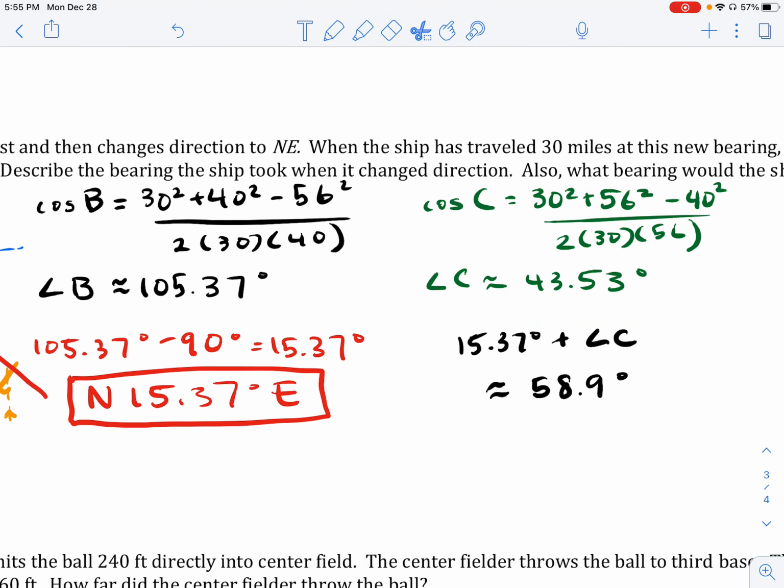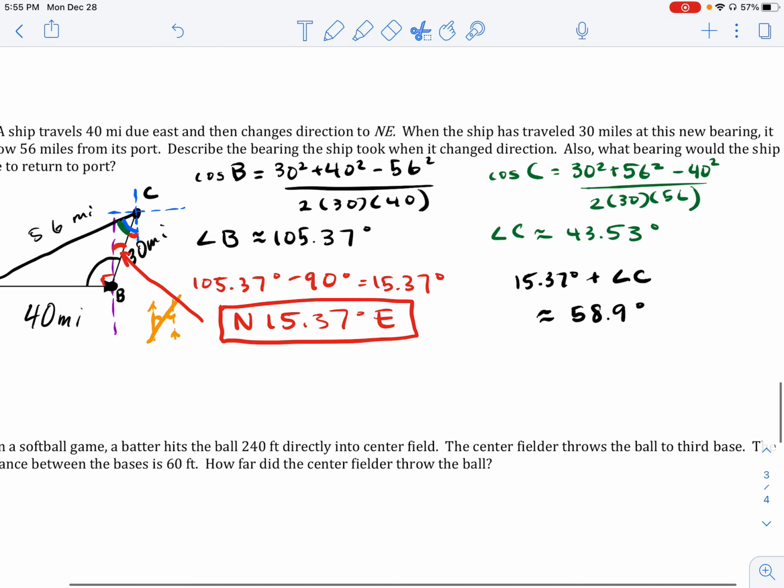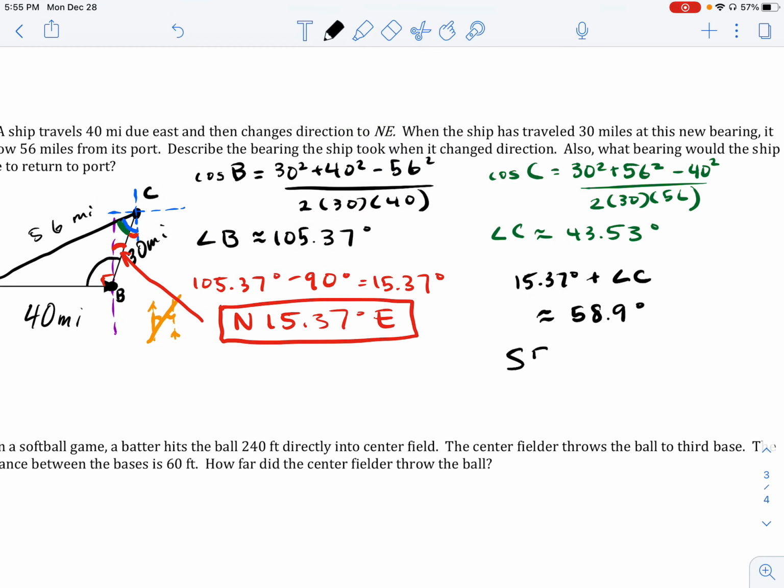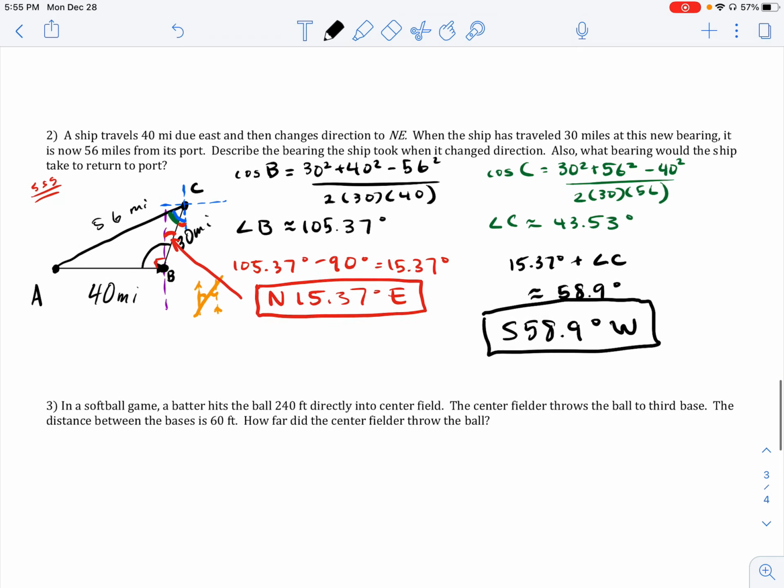The bearing would be south 58.9 degrees west. That would be the bearing that the ship would need to take to return to port. Normally we'd want to write this in a sentence so it's clear which bearing is which, but for the intent of me explaining this problem to you, hopefully that makes sense.